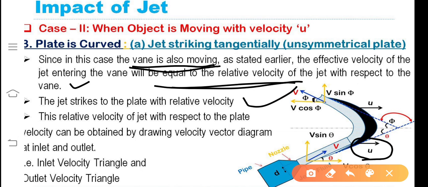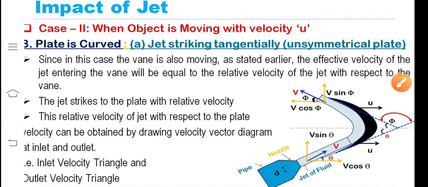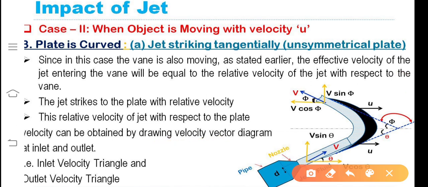We know it. This relative velocity of the jet with respect to the plate velocity can be obtained by drawing velocity triangles or velocity vector diagrams at inlet and outlet. So far we have done that, but it was not too much because it was not unsymmetrical, it was symmetrical.